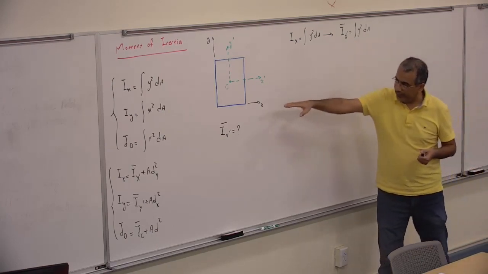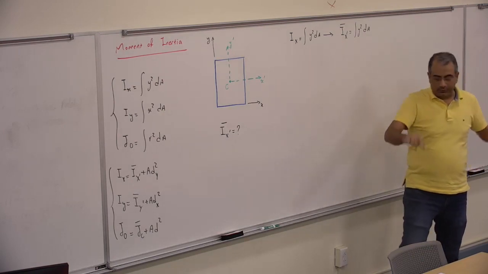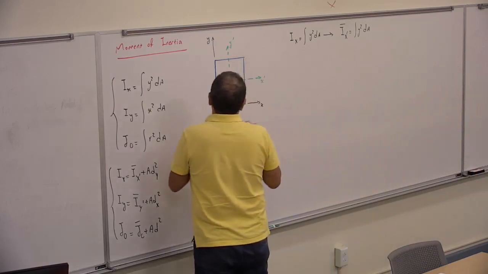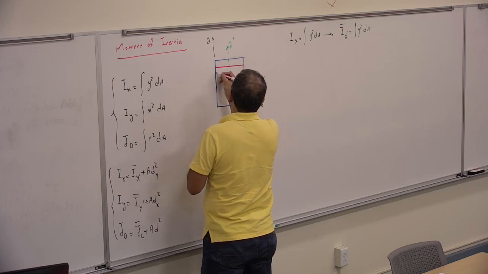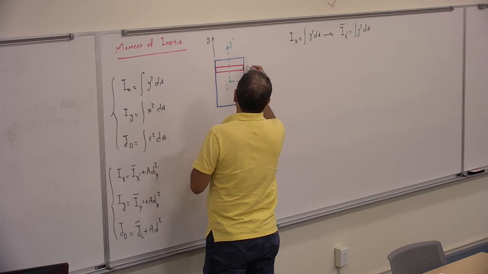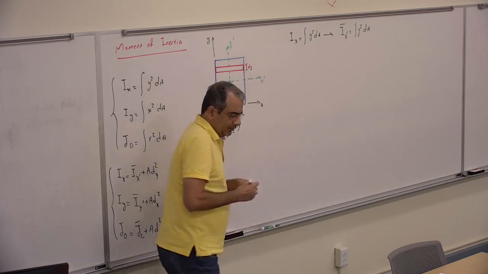So here x is horizontal, so our element should be horizontal. So I have to go ahead and get a horizontal element like that. It's going to be dy. And this side of it.